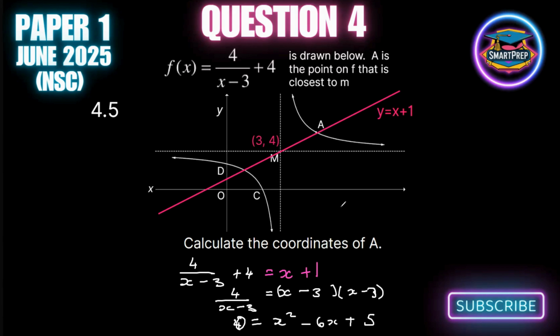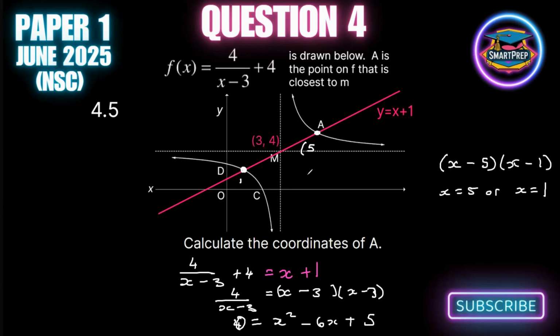And then our solutions will be, and we're going to just do it on the side here, negative 5, negative 1, and so x is equal to 5, or x is equal to 1. So we know that this one would have to be where x is 1, and so this one would be here, A would be where x is 5.